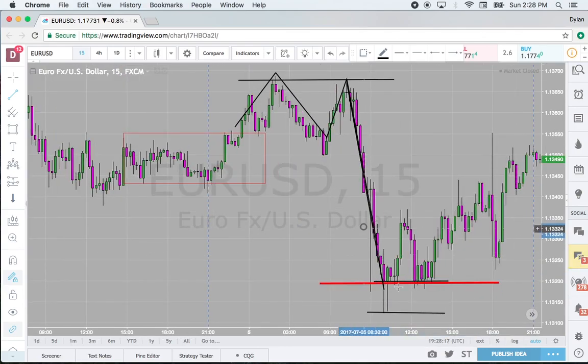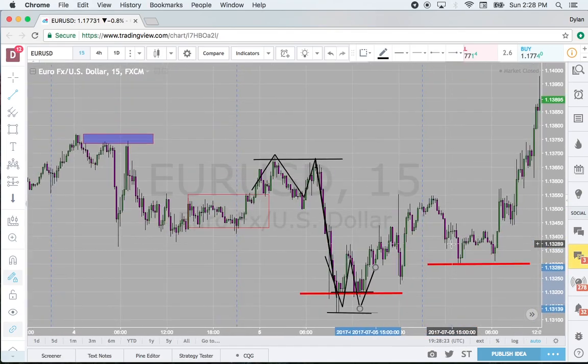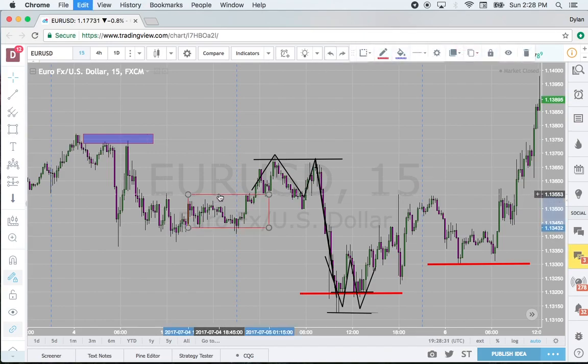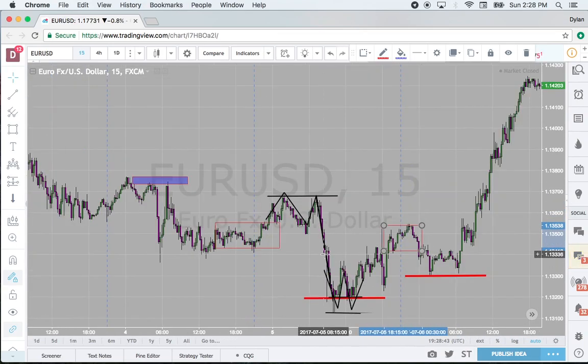We then see that large W formation, and then the day closes, or I should say the range. Well, yeah, the day closes at session changeover in consolidation.